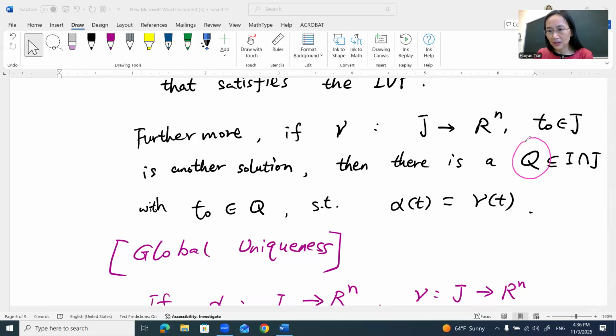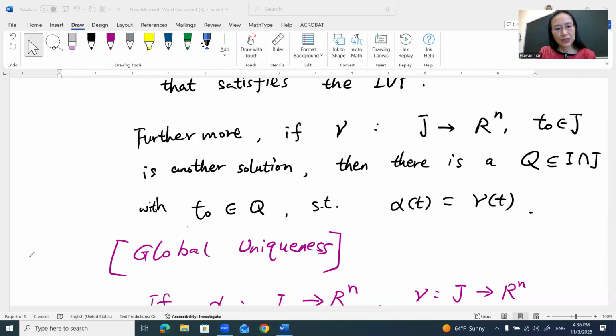This interval, no matter how small, means a local existence. This Q is near the point t0. So no matter how small this Q is, we have proved existence and uniqueness of a solution.